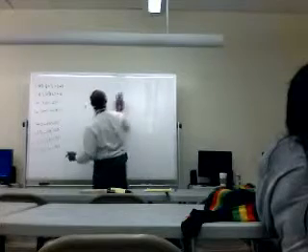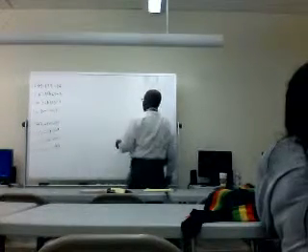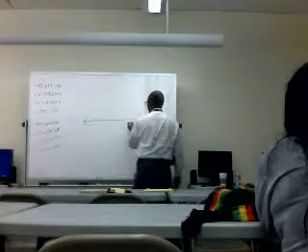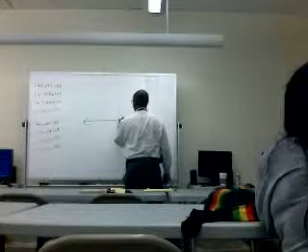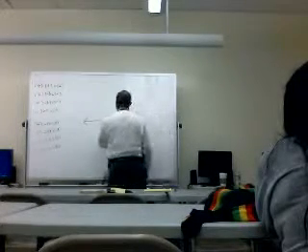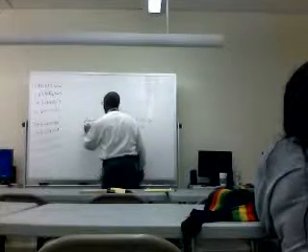Let's say I have a number line. Okay? I have 0, 1, 2, 3, 4, negative 1, negative 2, negative 4.